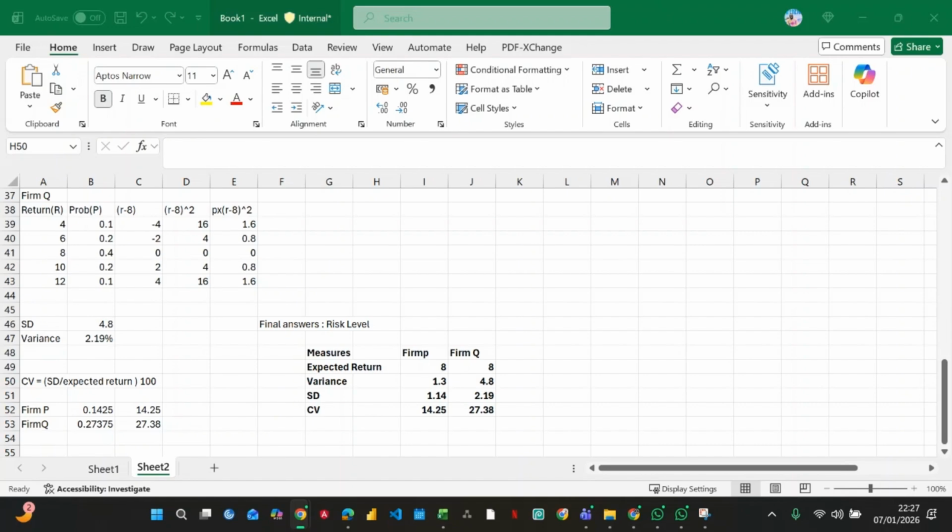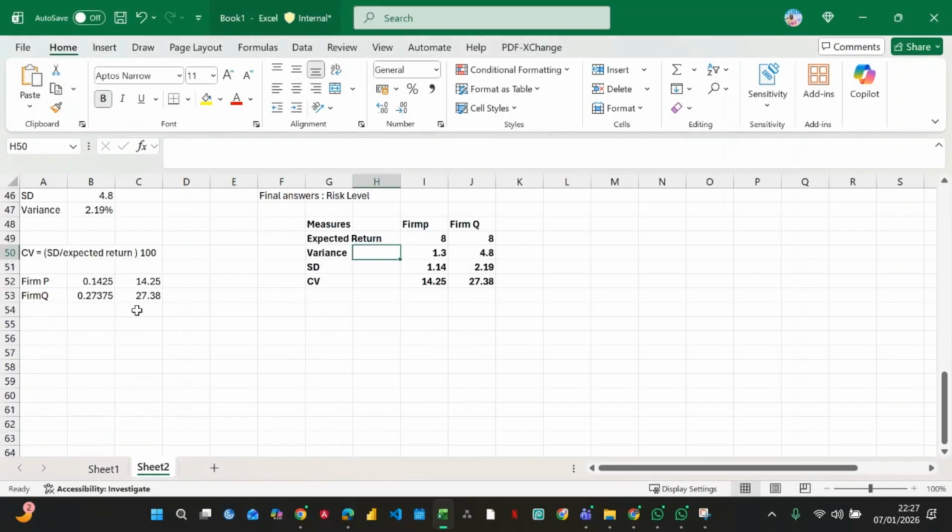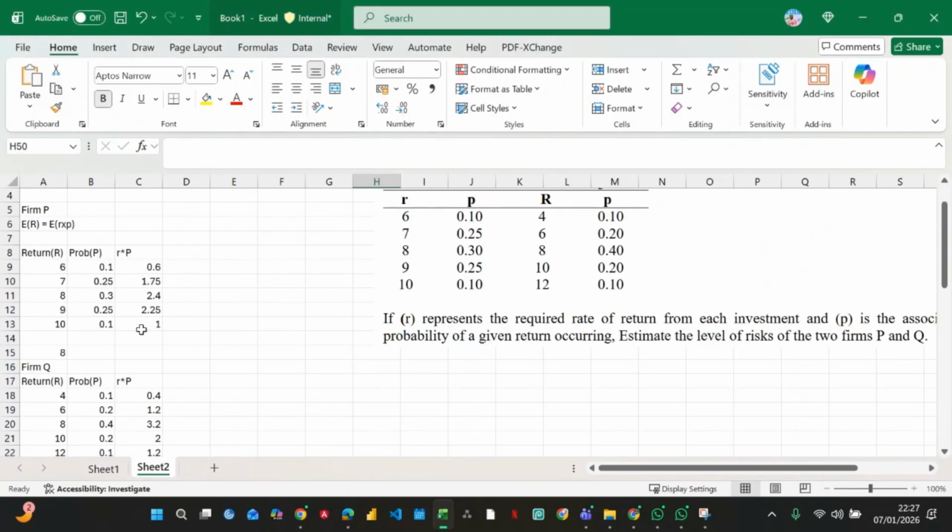So we can just use that and move on. You don't need to say any other thing. When the standard deviation is high, the risk is high. When the standard deviation is low, the risk is low. So looking at that, you can say that firm Q is actually risky.